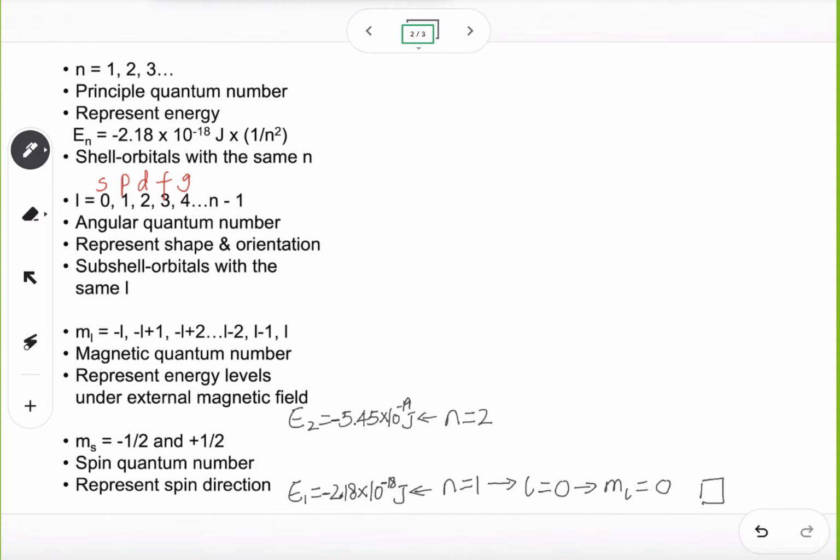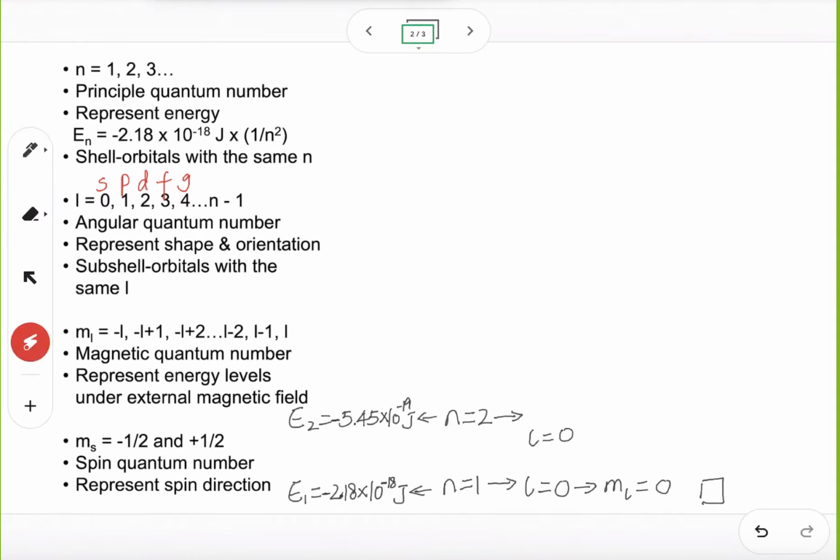Now, when n equals 2, what are the possible values for L? No matter what n is, the first value for L is always 0. So the first possible value for L is 0.